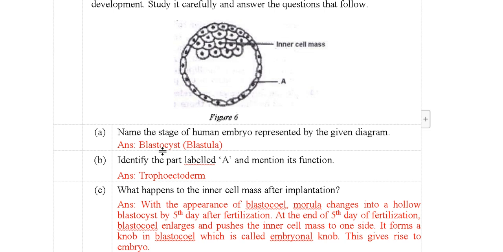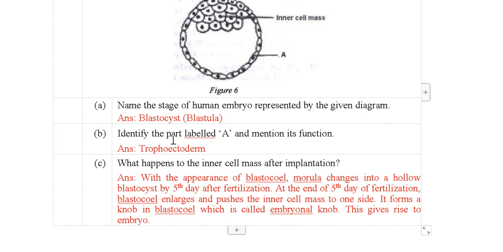The name of this stage is blastocyst. Identify the part labeled A. You can see label A where it is marked. So what is the name of this part A? It is trophectoderm.